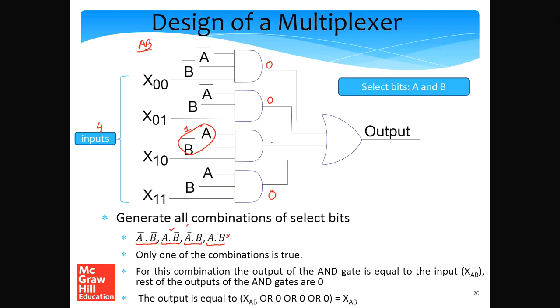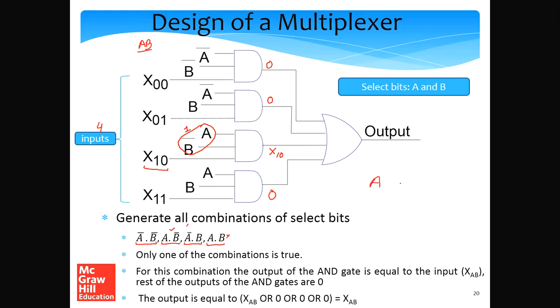So in a sense, the output is reflecting the input if this particular combination is equal to 1. Let me explain this once again. Since A and B bar is equal to 1, the output of the AND gate will be equal to whatever the value of x10 is. Because what is the output?